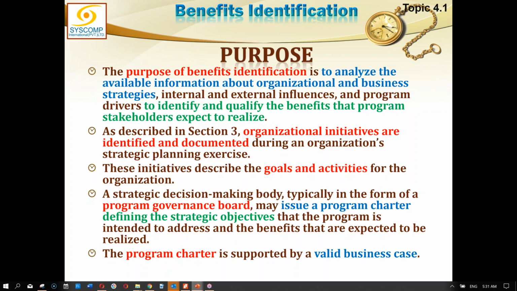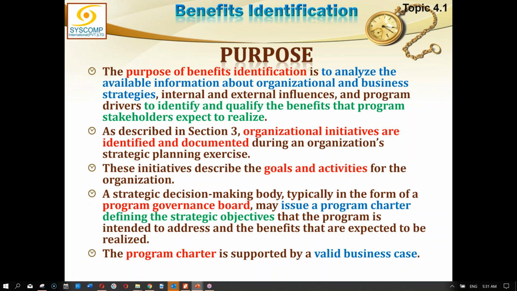Basically, the responsibility is with the sponsor, and sponsor is answerable to a higher body, which is the program governance board. Program governance board, if it exists, is responsible for issuing the program charter to the program manager, defining the strategic objectives that the program is intended to address and the benefits that are expected to be realized.